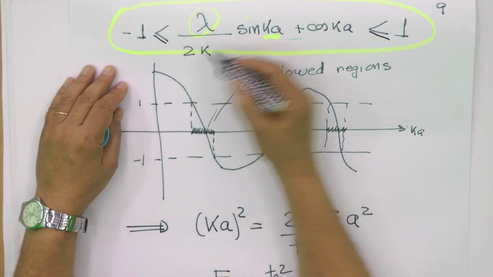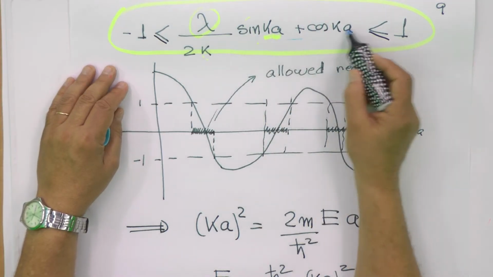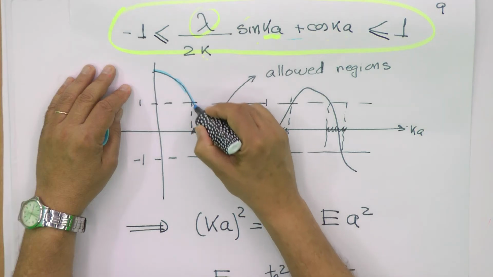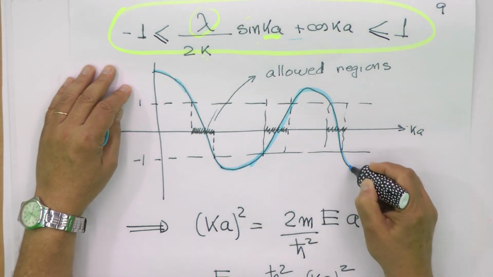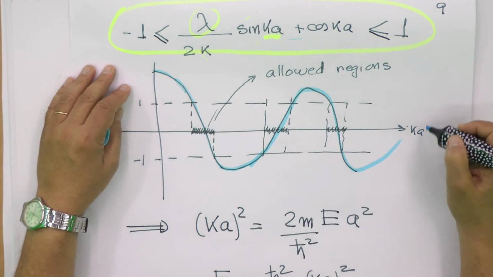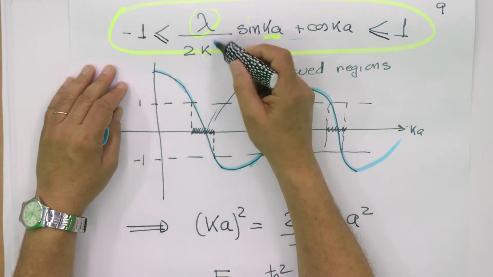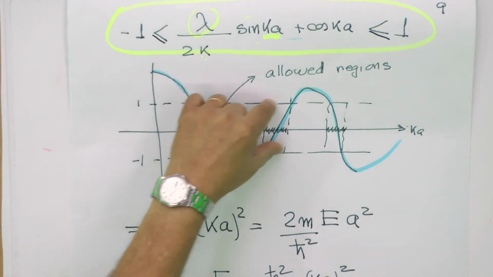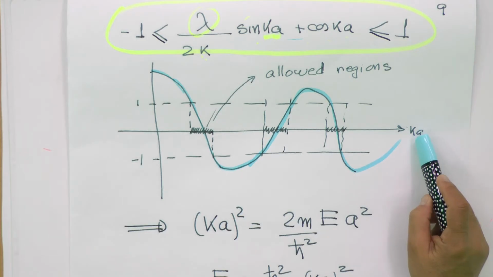I have many examples that will give sine plus cosine bigger than 1, even multiplying by this. So this function goes, comes back, goes, comes back, and as K grows it attenuates, because there is this K here that is killing the sine. So the amplitude is going down as we oscillate, as a function of Ka.